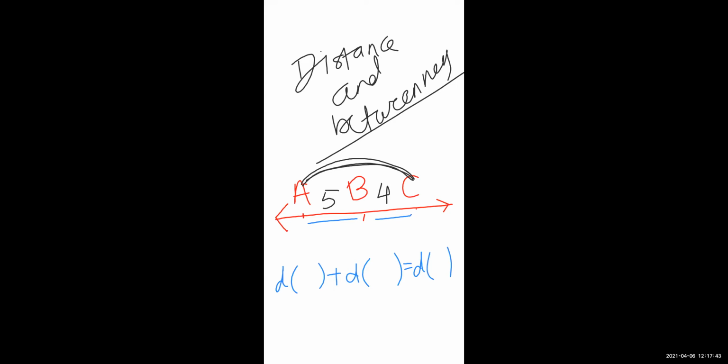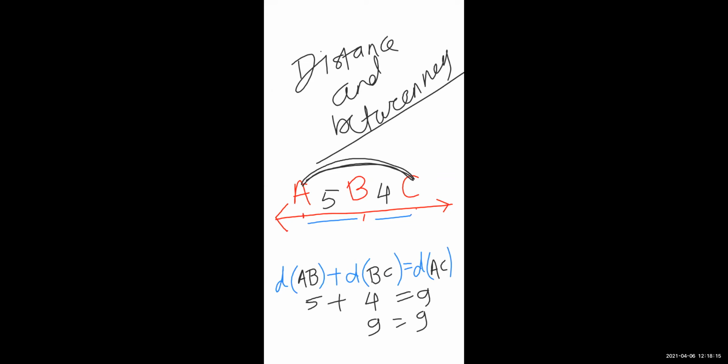What will be the distance between AC? It's 9. So here distance of AB plus distance of BC is equal to the distance of AC. AB is 5, BC is 4 and AC is 9. So 5 plus 4 is 9, equal to 9.